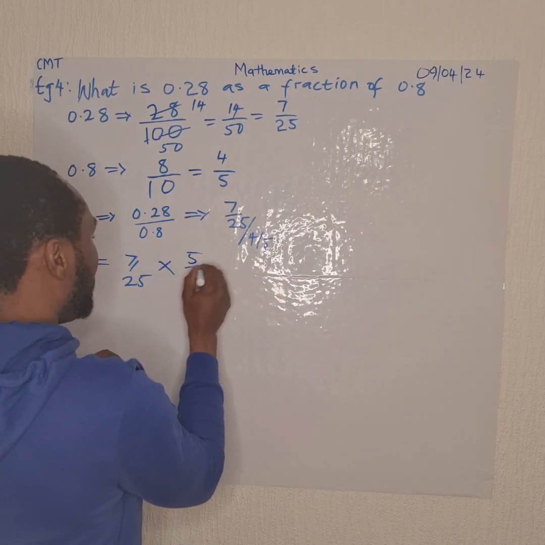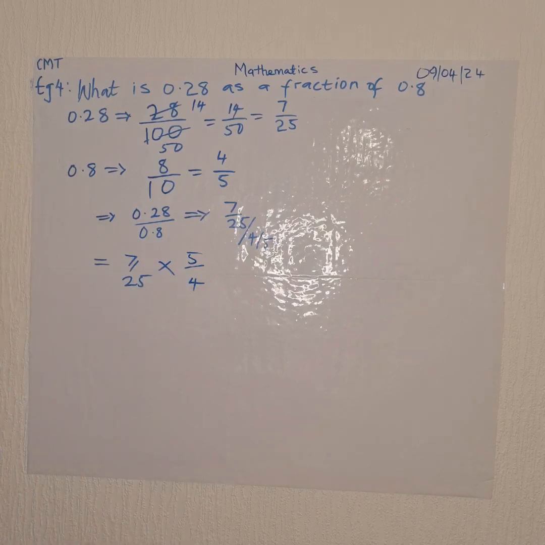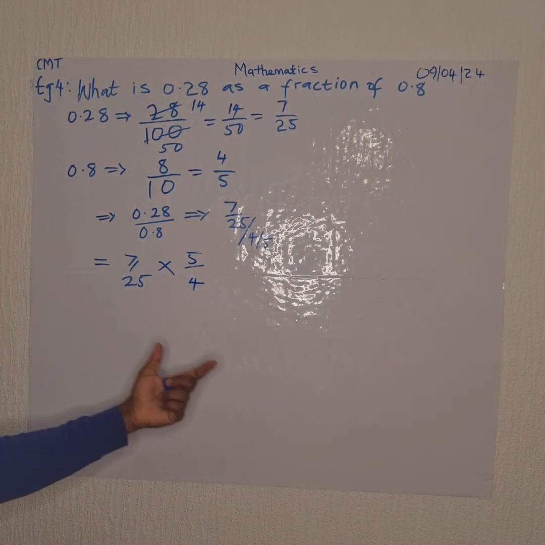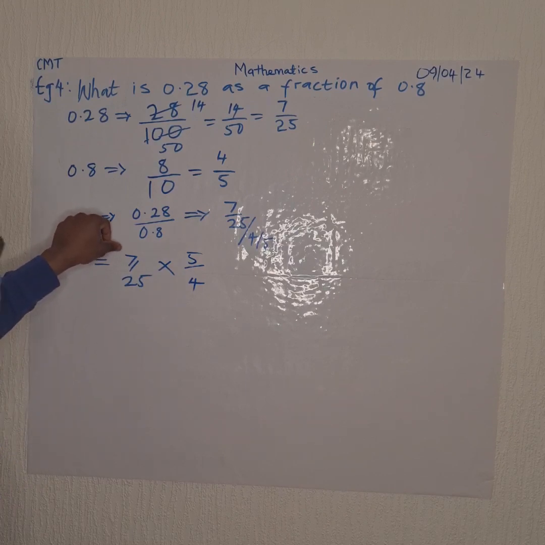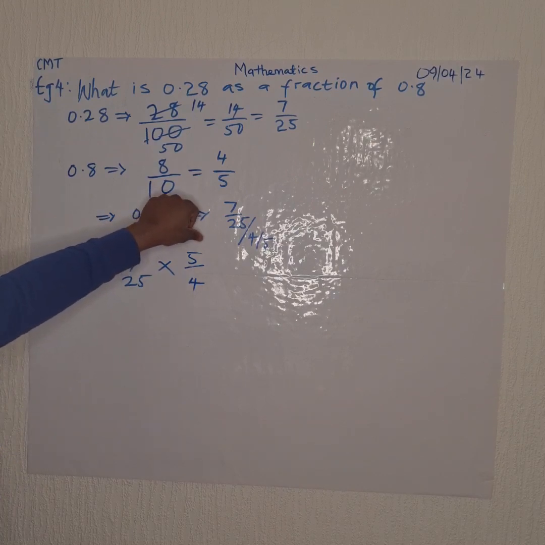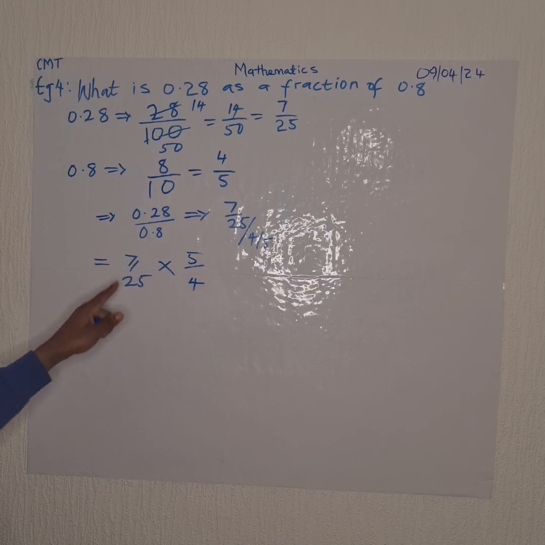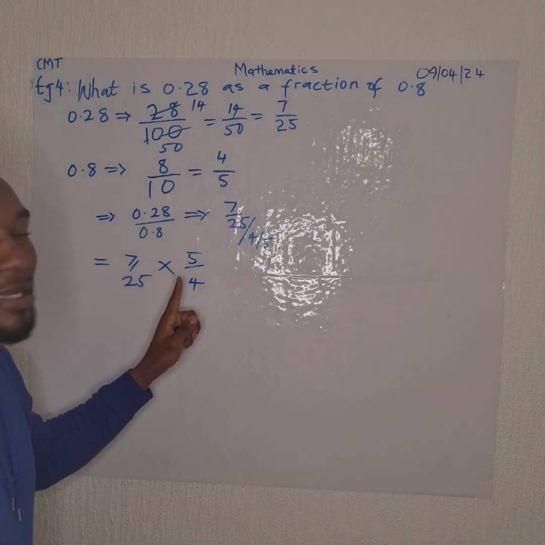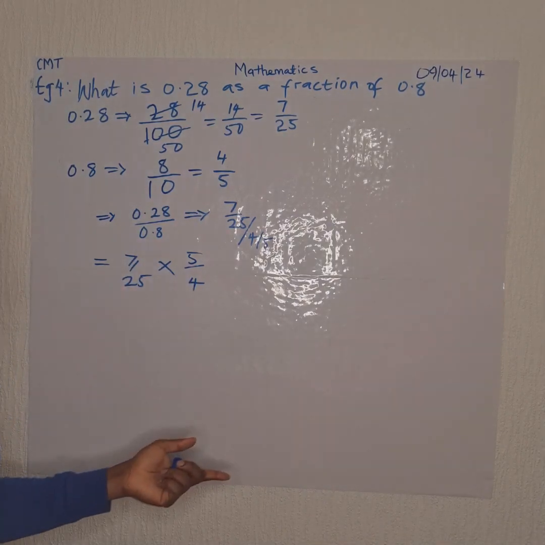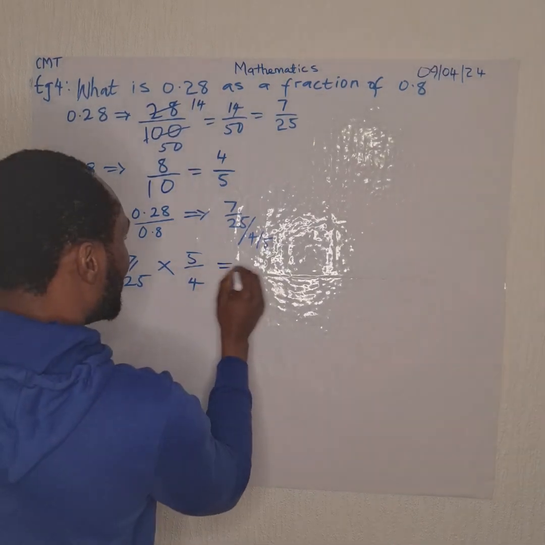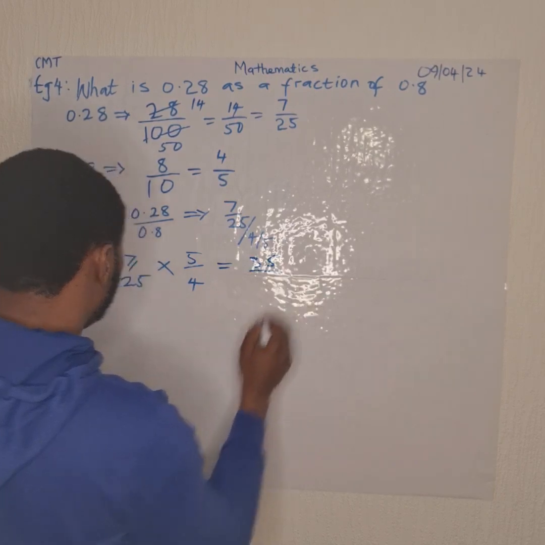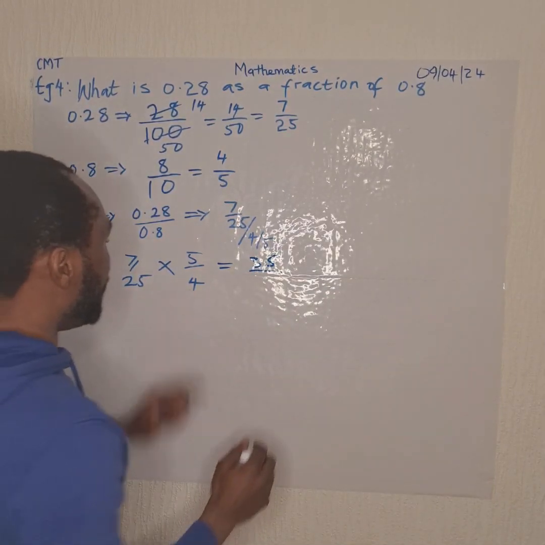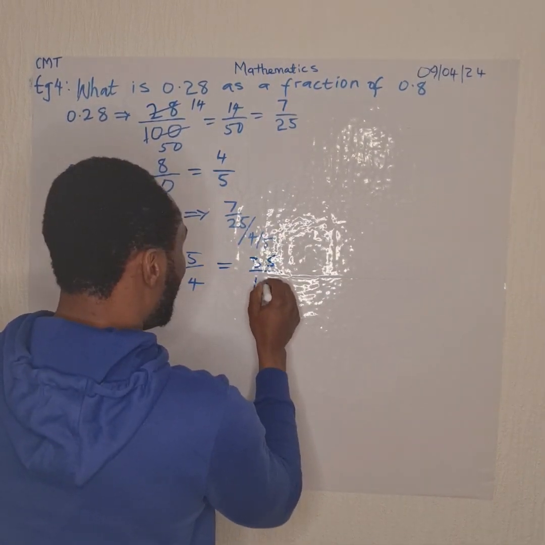5 over 4. Now that we are multiplying, multiplication, they say, is commutative. So it means the numerator can multiply the numerator and the denominator can multiply the denominator. Nice and easy. So this is going to give us 7 times 5, 35. 25 times 4, that would be 100.